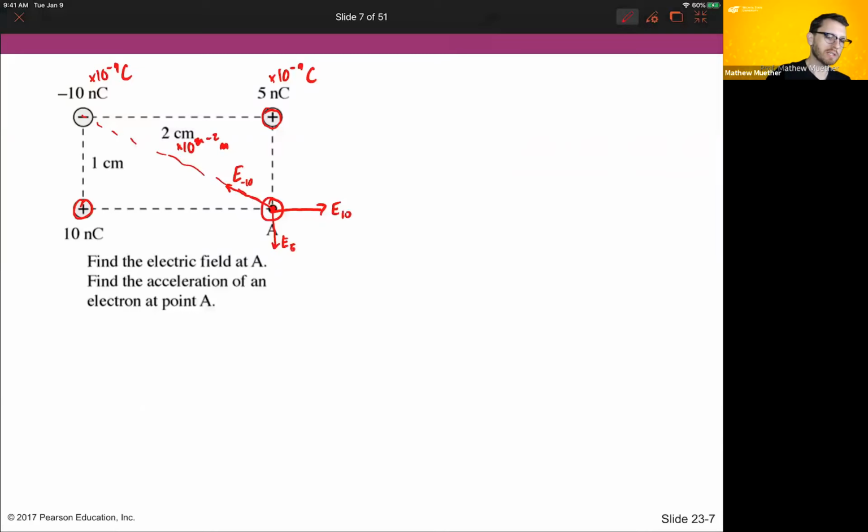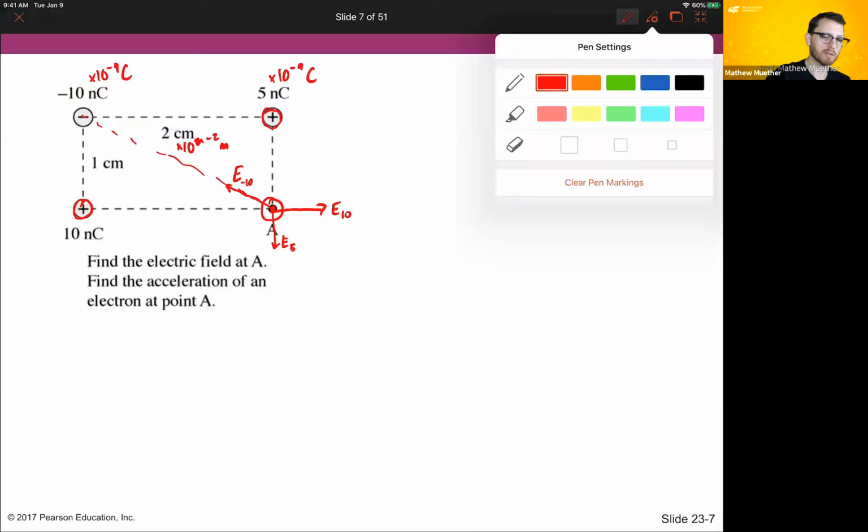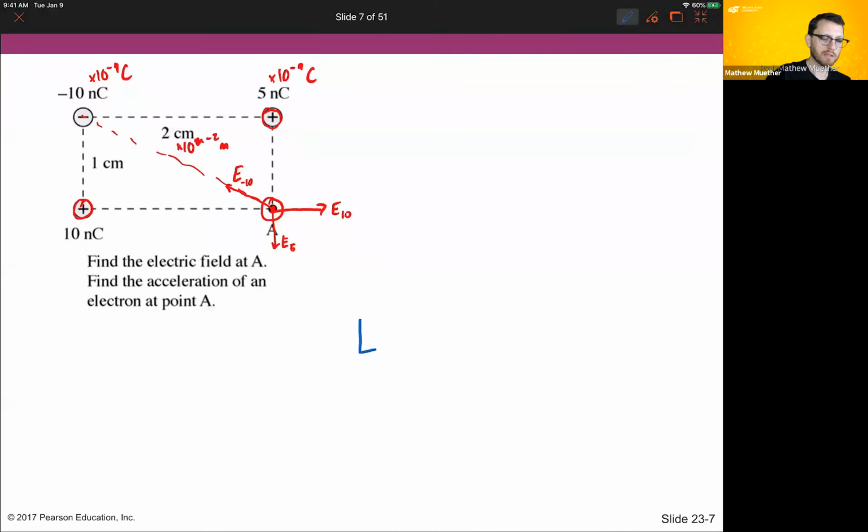Let's try to express the total electric field in some way that would be easy to convey without showing a diagram. How am I going to do that? Well, the first thing I need to do is establish a coordinate system here.